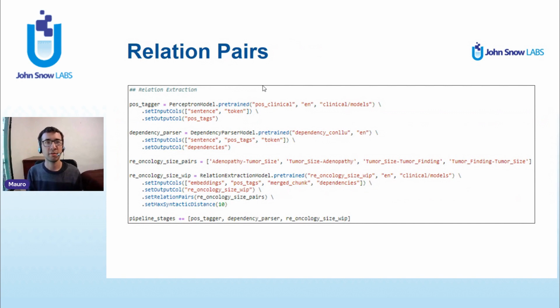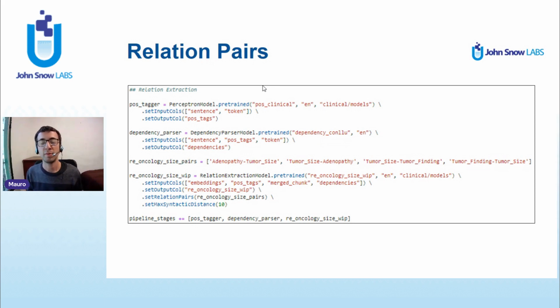Okay, so when you use a relation extraction model, there are some parameters that you can fine tune to make your relation extraction model work better. One thing that I would recommend you to use always is relation pairs. So you include in the model only the combination of entities that are relevant in your case.